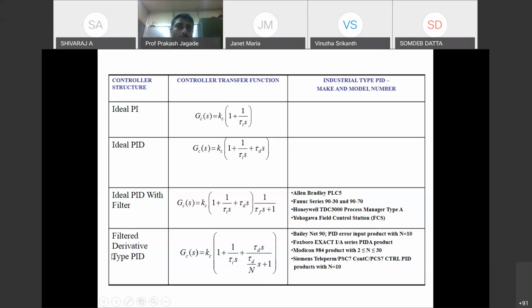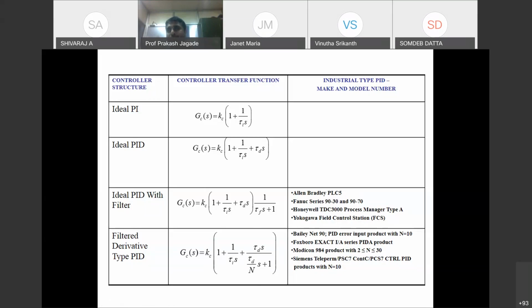The name of that controller structure is called filtered derivative type PID, and this has been realized in the form of an algorithm in Bailey Net 90, PID controller, Foxboro, Modicon, Siemens, and so on.